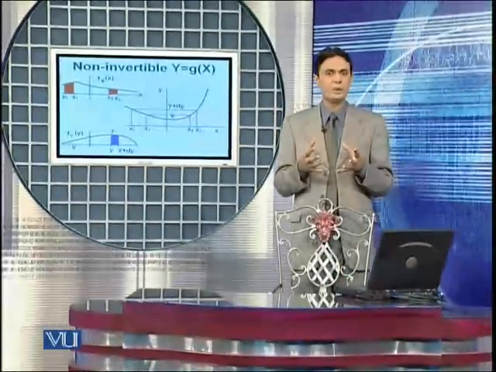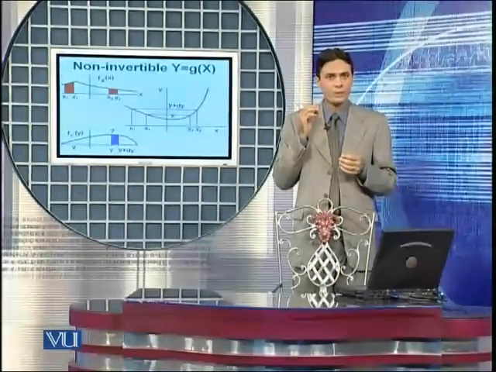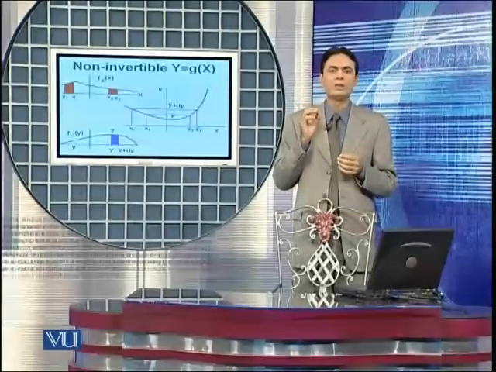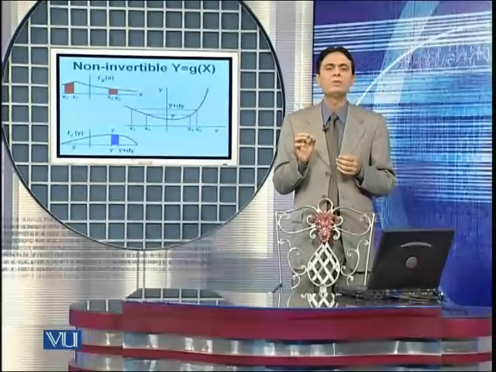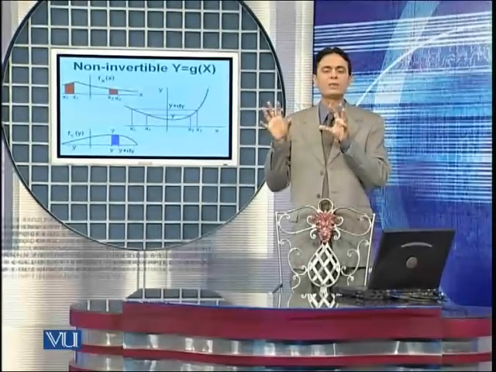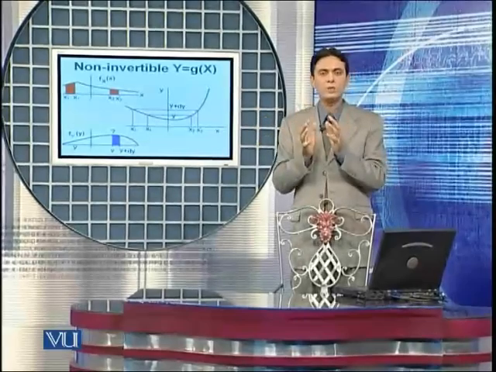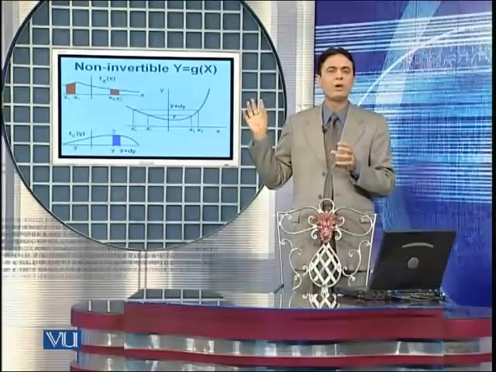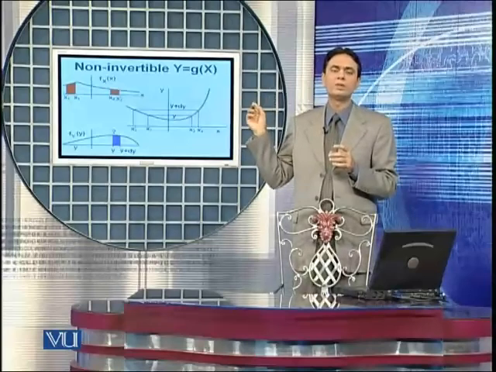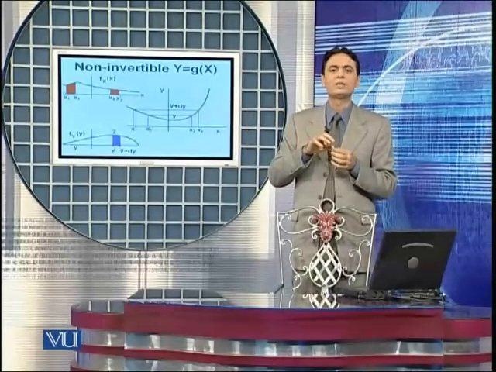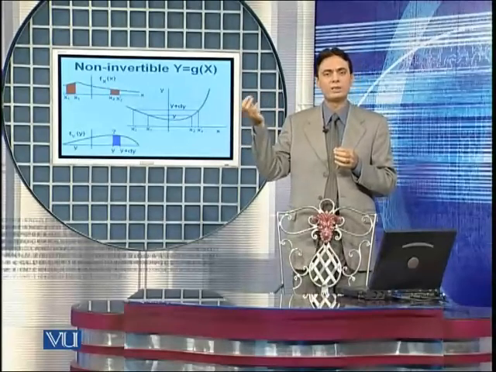And the relationship is that the unknown PDF of y is equal to the sum of some quantities, where each quantity is from the solution of this inverse mapping from this point y to points x1 and x2. So if there are two solutions in the inverse mapping, there will be two quantities in the expression for the PDF of y.